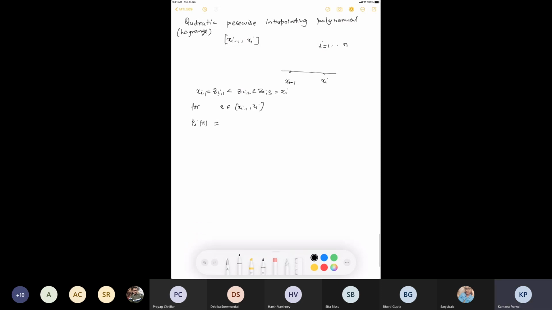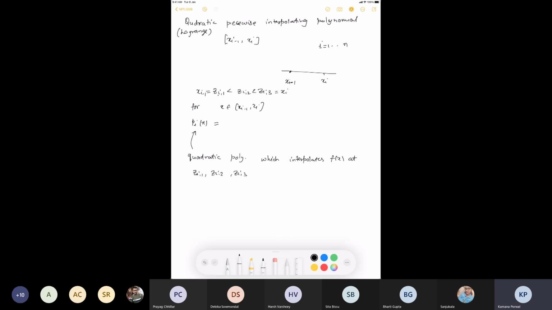It will be given by this quadratic polynomial, which interpolates f(x) at z_i1, z_i2, and z_i3, right?